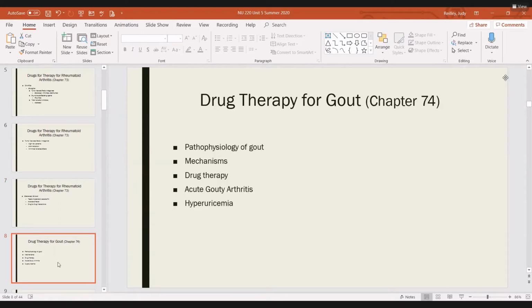When we look at gout, gout is a recurrent inflammation disorder characterized by hyperuricemia, which is high levels of uric acid in the blood. So when you're looking at how it acts, it has that excessive production of uric acid, and it impairs renal excretion of the uric acid, so patients retain it.